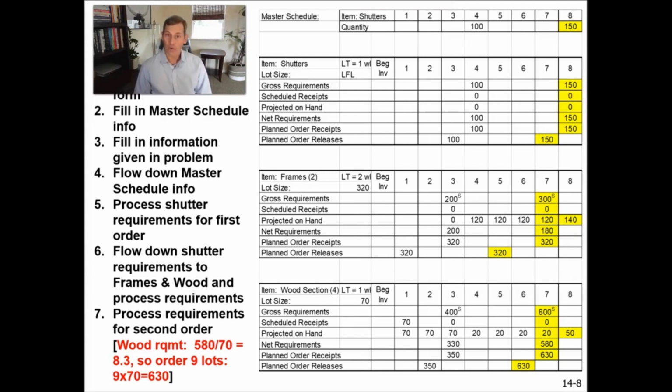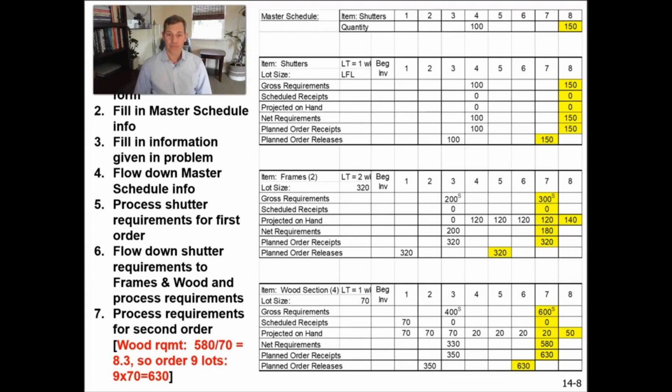So once again, you make or buy 320 units even though you only need 180. There's a 2-week lead time offset. So you place your order in week 5, it arrives in week 7 for 320 units, and 320 units minus 180, which is your net requirements, means you have 140 of the frames left over in inventory in week 8.